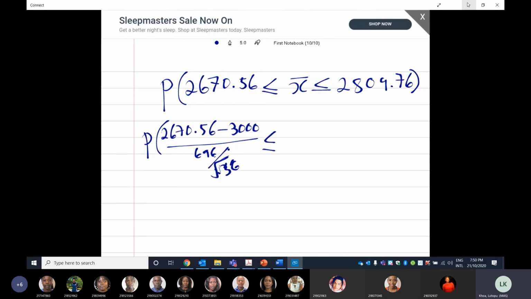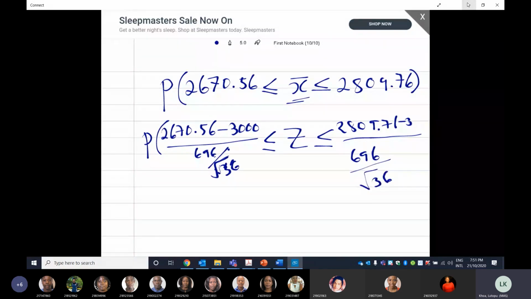Okay, when we standardize x bar, we get z. And then we do the same thing on the right. We have 2809.76, then we minus 3000. Then we divide by 696 over the square root of 36.